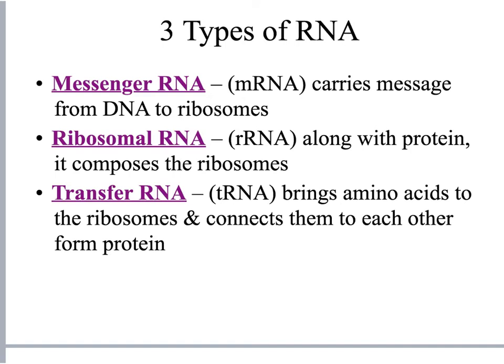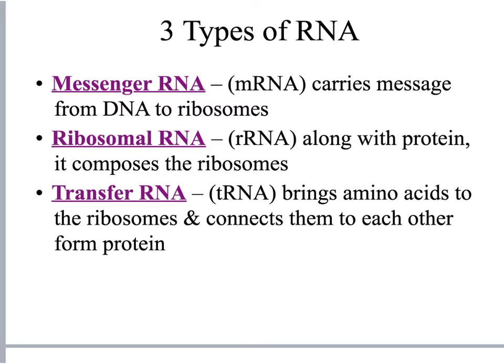Okay, so 3 types of RNA. mRNA, also called messenger RNA, its job is to help unzip the DNA strand, and then along with RNA polymerase, that enzyme, it helps messenger RNA copy the DNA's information.